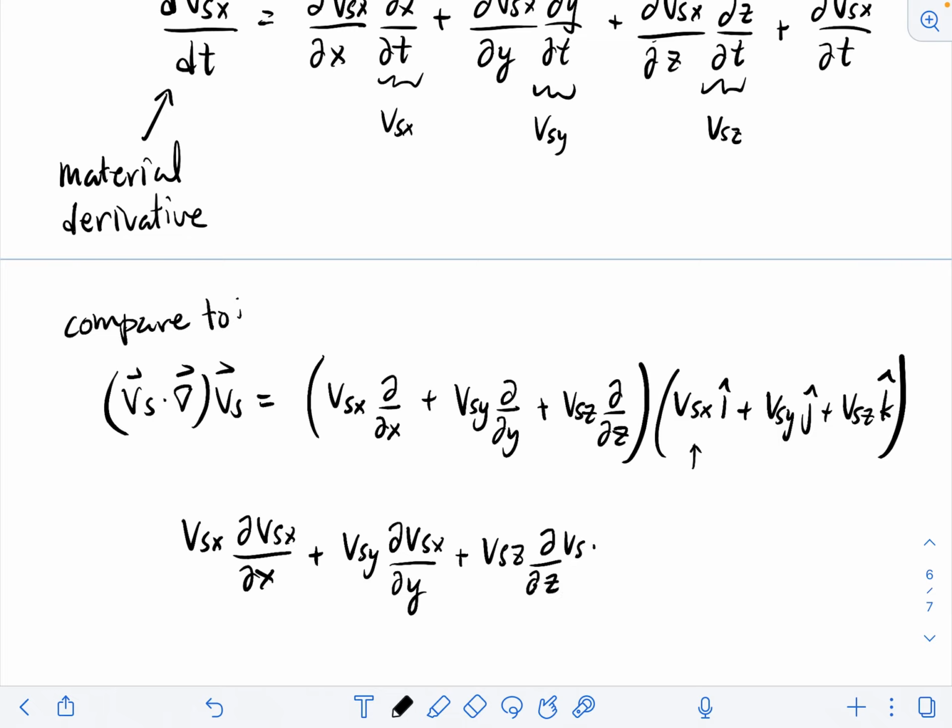Okay, and then that would be all in the i-hat direction. And then we would have analogous terms for the j-hat and k-hat components.